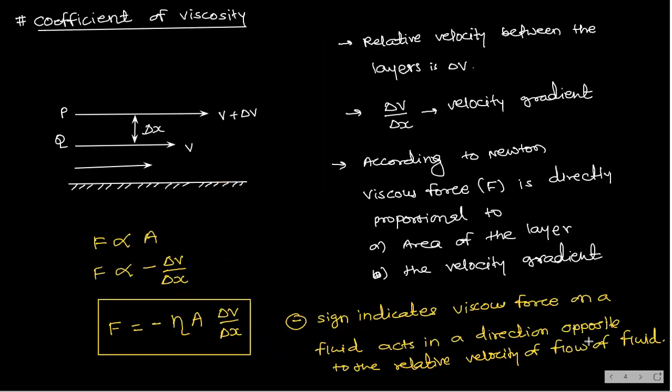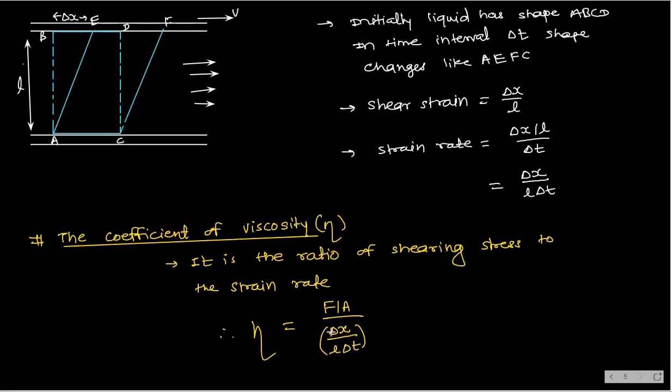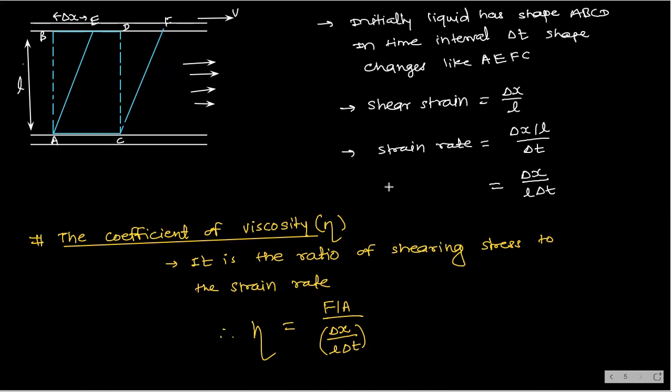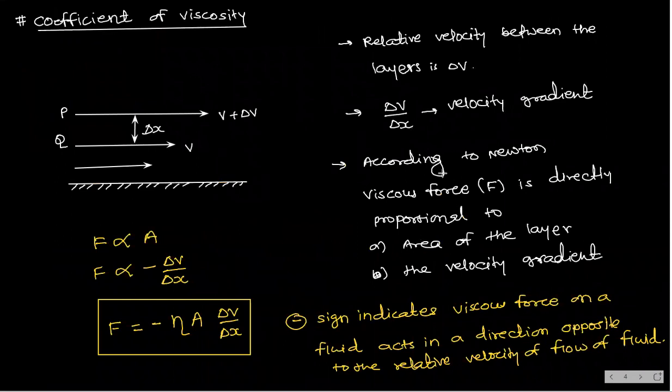In the first page we have seen delta V by delta X, but here we have delta X by delta T, right? This is not the velocity gradient.